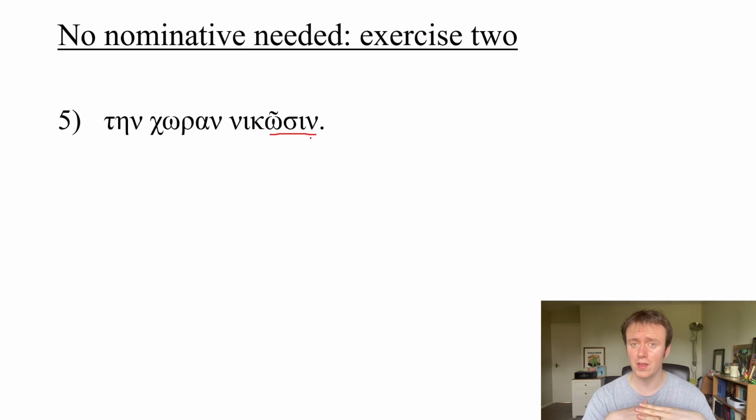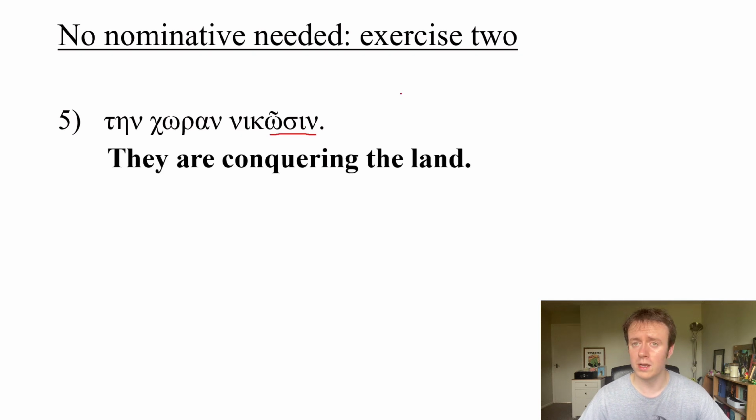And therefore this is a third person plural person ending. This is actually ousin, but ousin contracted with alpha. And so we would translate the sentence as they are conquering the land, or they conquer the land, or they are conquering the country, or they conquer the country, because we learned that the noun kora means land or country.